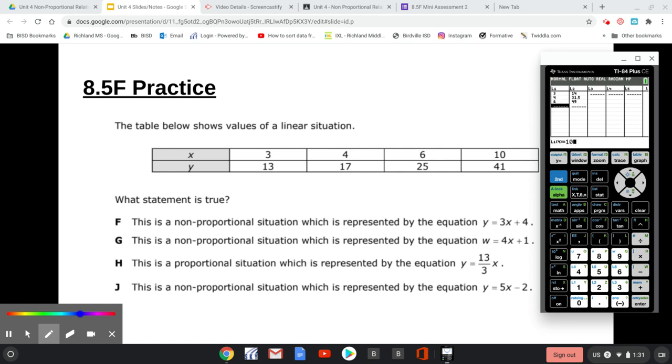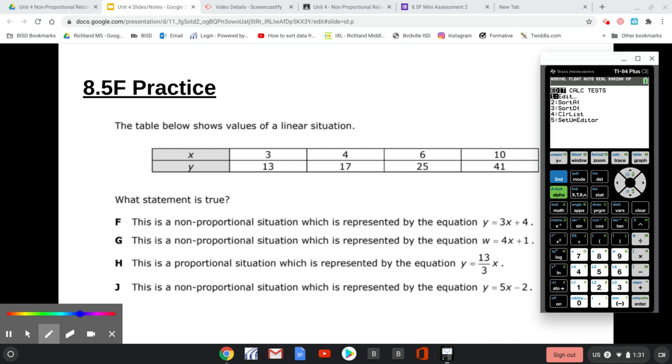I'm going to tab over, and I'm going to put 13, 17, 25, and 41.